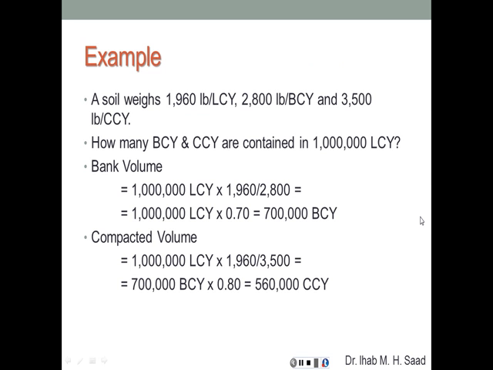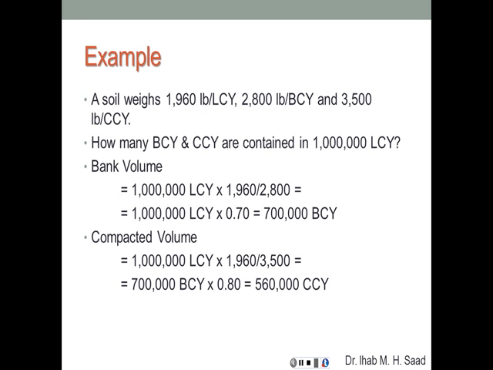To look at an example here, a soil weighs 1,960 pounds per loose cubic yard. Now notice that this is loose cubic yard, which means when we excavate it, when we disturbed it, after the excavation, that was the weight as it was measured.